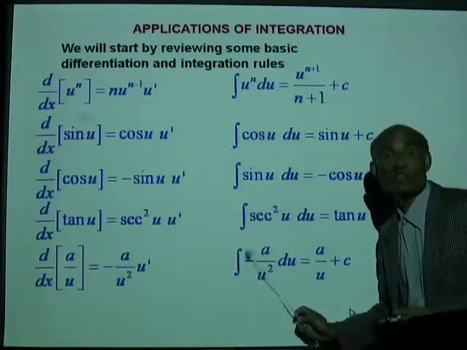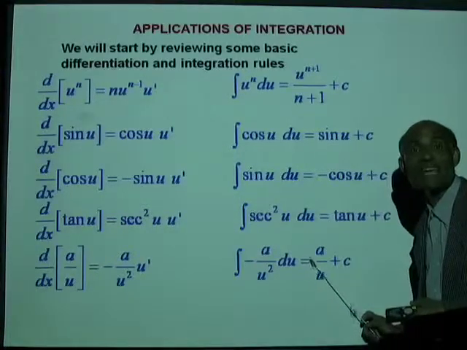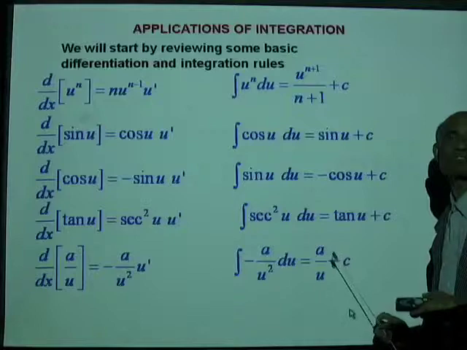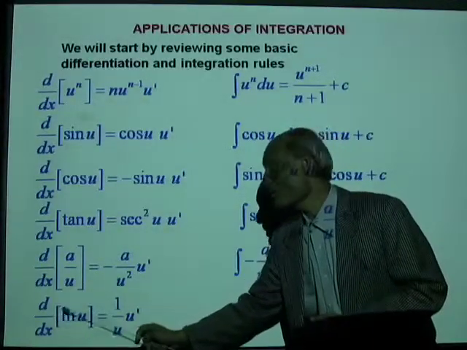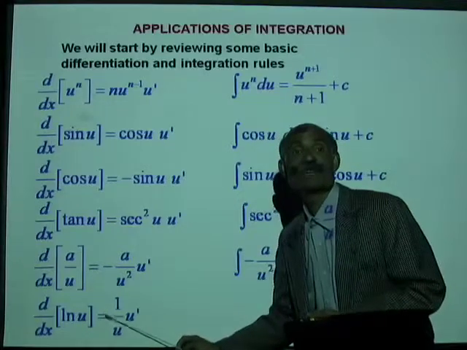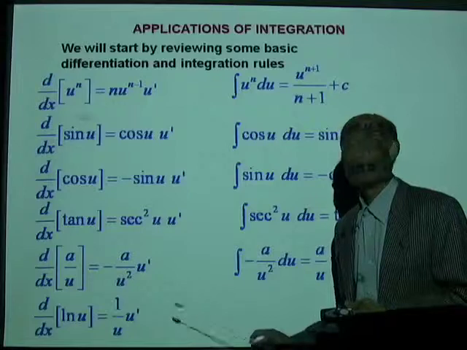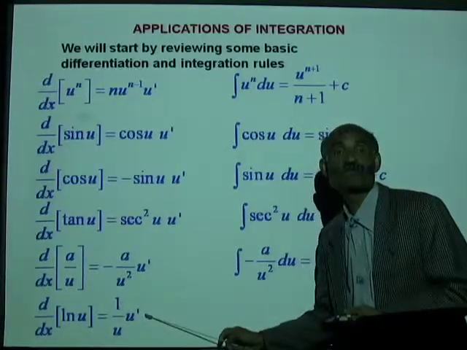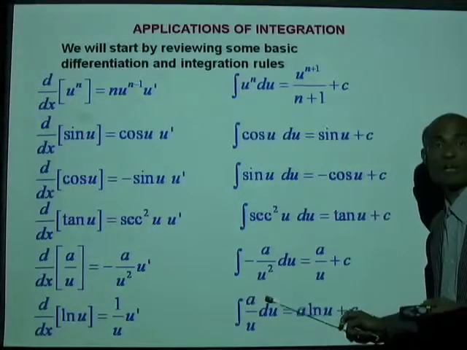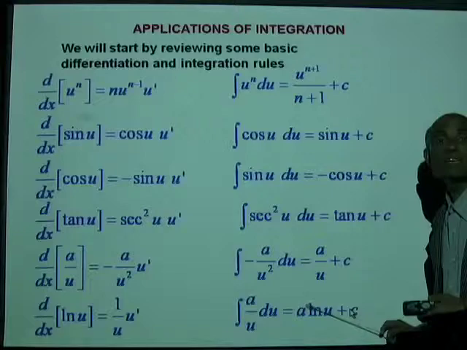Or the integral of a over u squared du will be negative a over u plus c. Now finally, the derivative of ln u is 1 over u times u prime. Therefore, if you integrate 1 over u with respect to u, the integral of a over u du will be a ln u plus c.